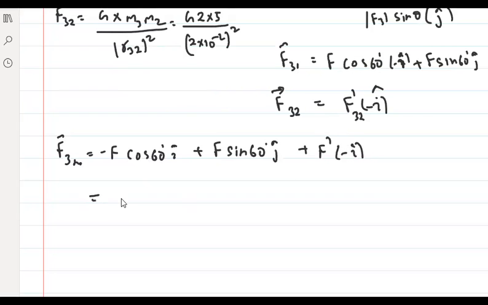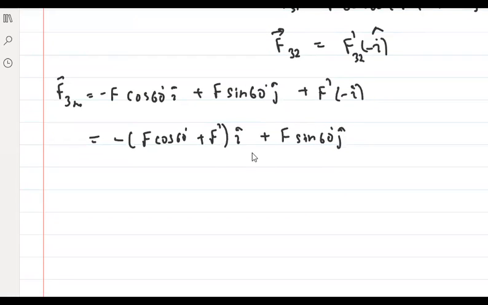So this will be minus F cos 60 degree plus F dash i cap plus F sine 60 degree j cap.